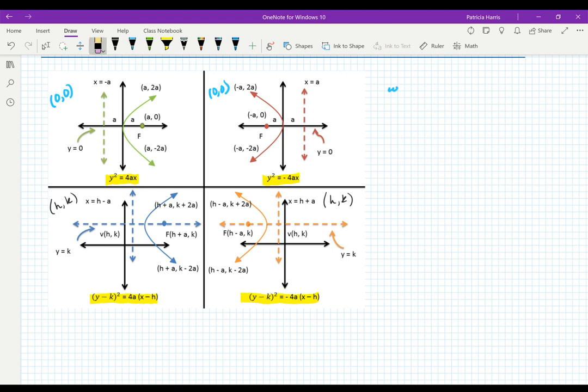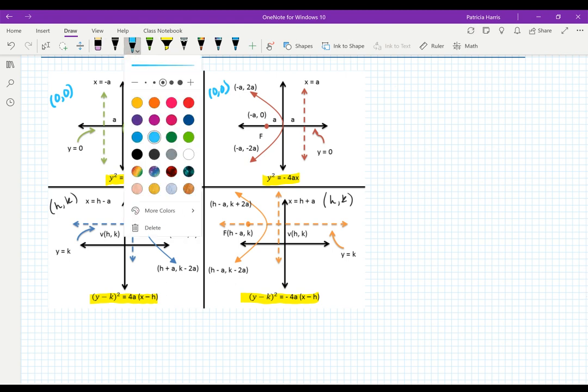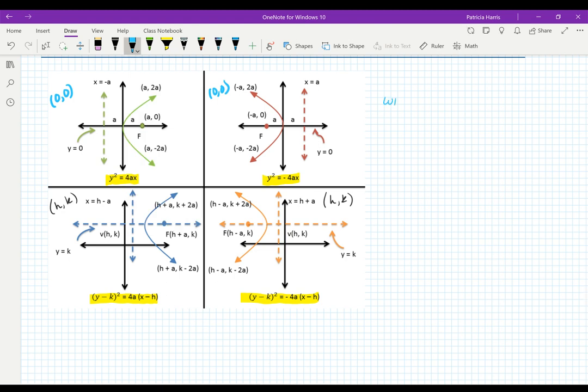So with a parabola that opens left, right, the quadratic term is the y variable. Okay, so it's very important to keep track of where that quadratic term is.